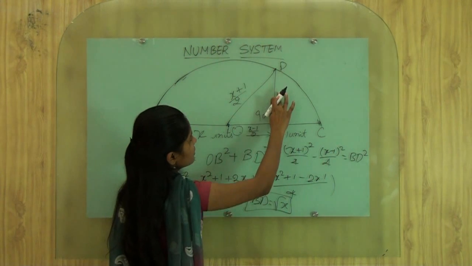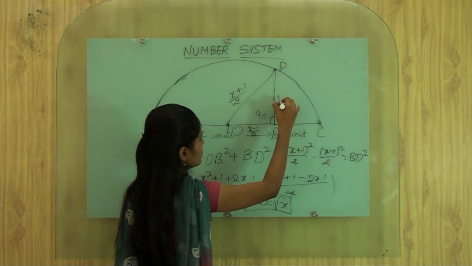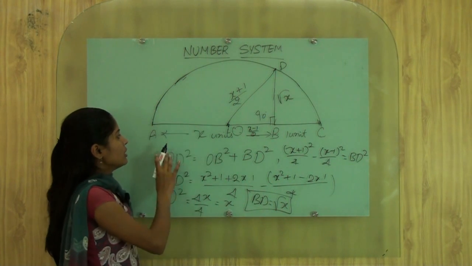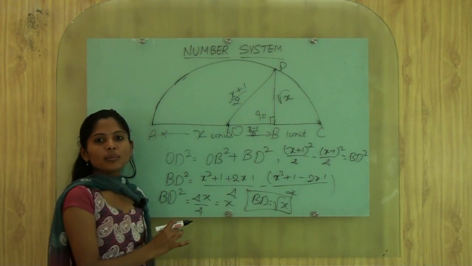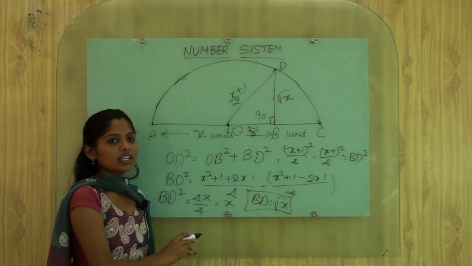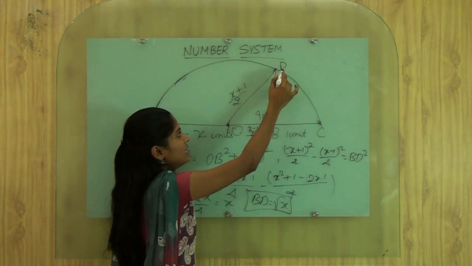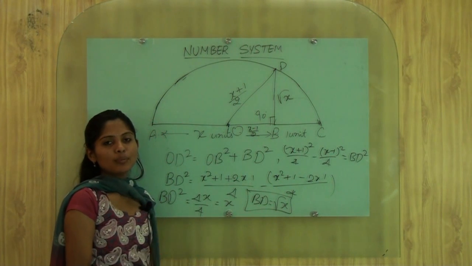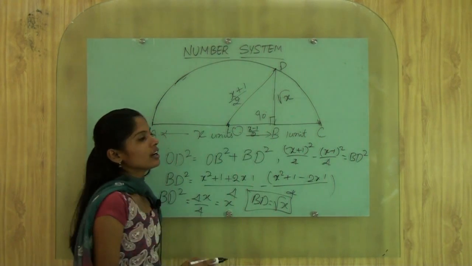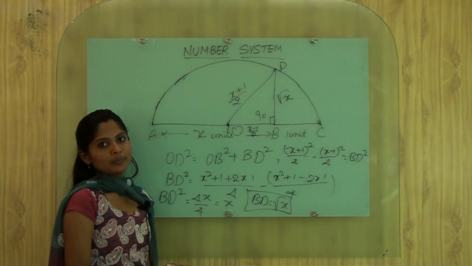Now we have proved that BD is equal to root of x. Suppose AB is 3.5 units, then the value of BD is root of 3.5. If it is 2 units, then BD is root of 2.